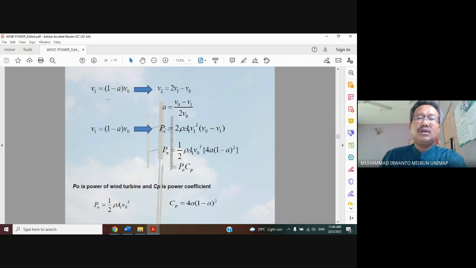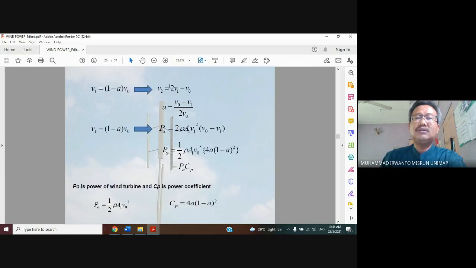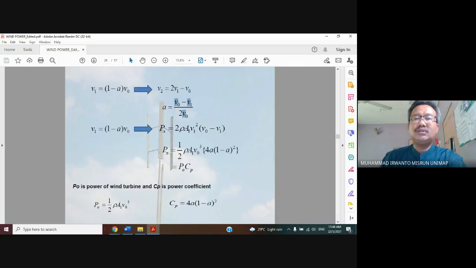Okay, and then the value of V1 here, we substitute to here. Now, so we obtain the perturbation factor A is given by A is equal to (V0 minus V1) over 2 V0. Here.